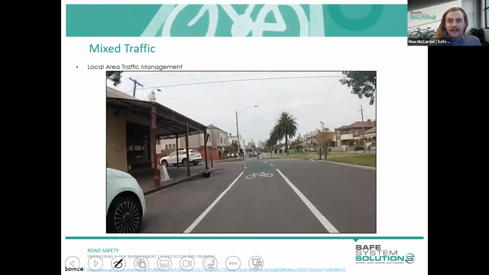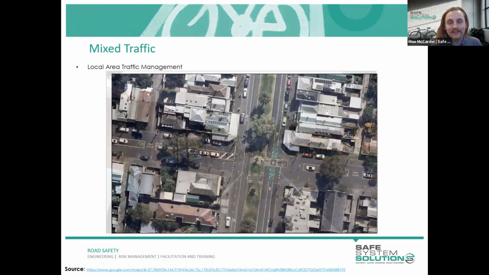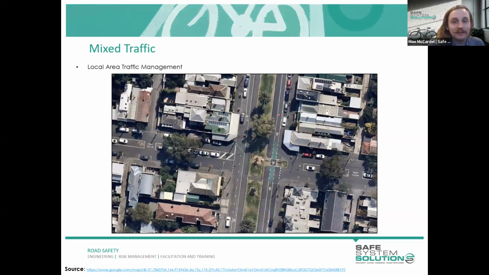All right, another local area traffic management treatment is this one that is shown from the perspective of a cyclist, but it's probably easier to comprehend it from an aerial shot. So I'll just skip straight over this one. So that photo was taken just about here.